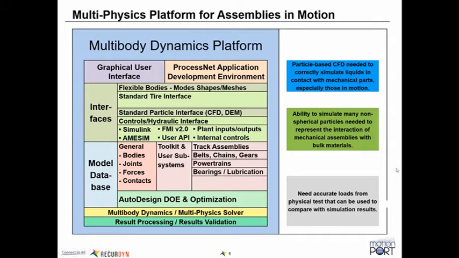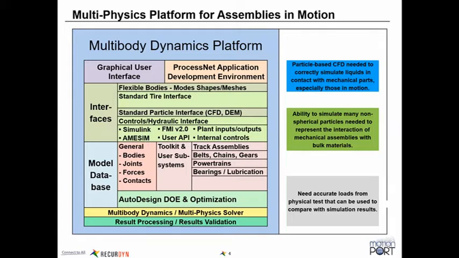And then this last one, which is brand new, is this notion of the results validation. And we've seen a lot of different validations done, but in doing that validation work, sometimes the loads that we're producing in Recurdyn are at locations where it's hard to measure loads in the physical testing.